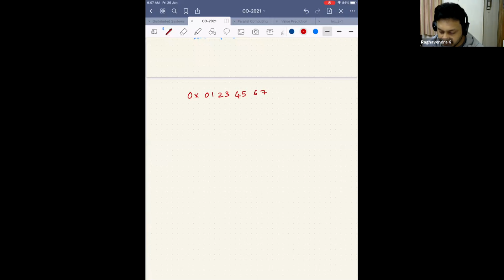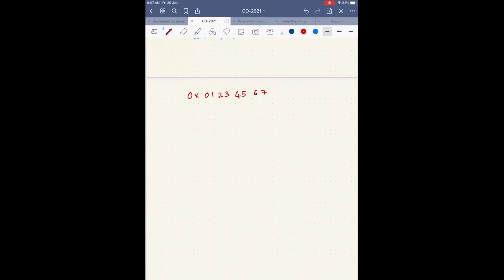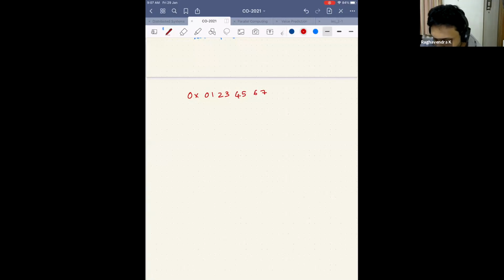How many bytes are there in this, including the zero, if I want to represent that zero also? Any answer is fine. How many bytes do you need to represent this value?